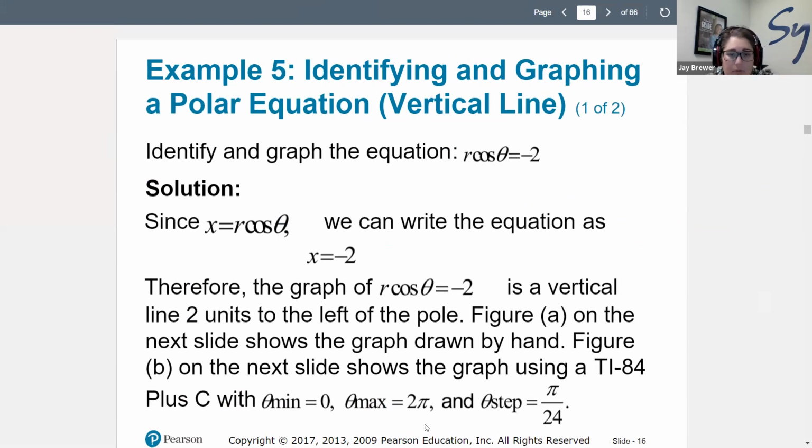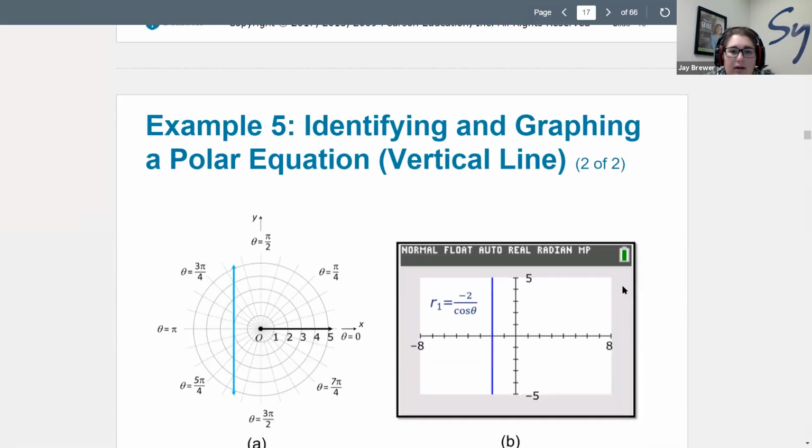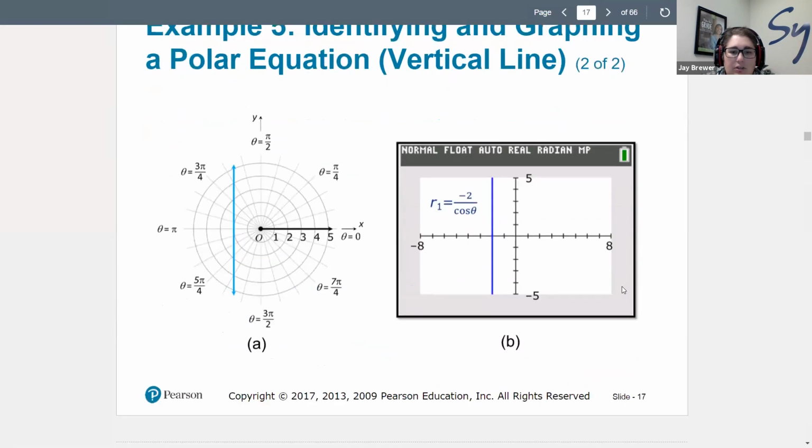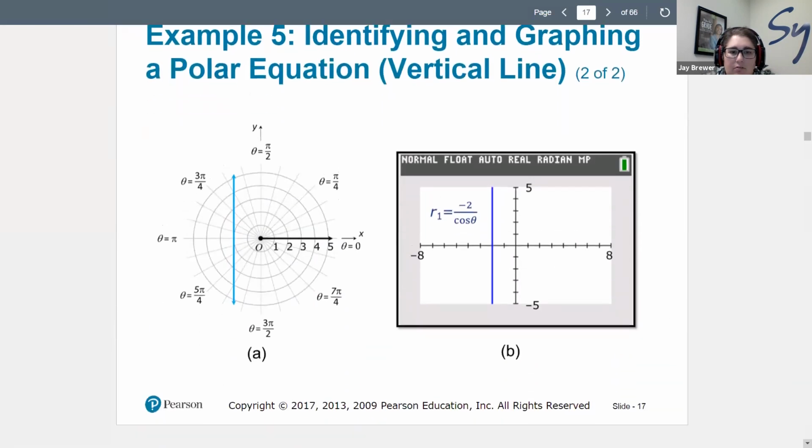Desmos might actually be what comes up. Okay, so r cosine theta equals -2. Well, that's just x equals -2. All right, so you're going to have a vertical line at x equals -2. Again, you guys can choose whichever way you prefer to do that.